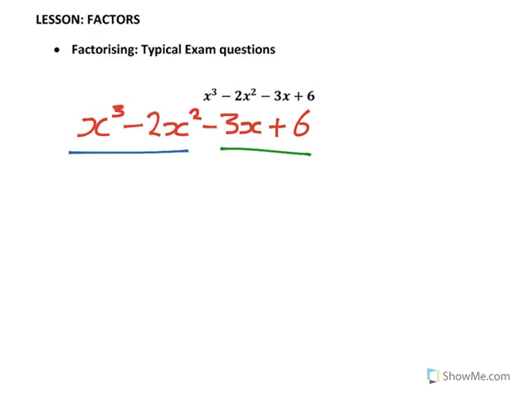You look at the lowest power, because as far as numbers are concerned, we have a 1 here, which we can ignore, and a 2. So there is nothing common with the numbers. So what is common is the x's. Now you look at the lowest power, and in this case 2 is the lowest power. Hence we can take out x squared, because 2x squared can go into x cubed, but x cubed cannot go into x squared.